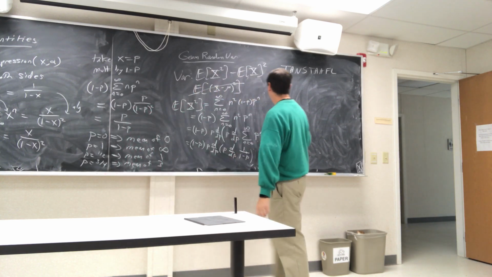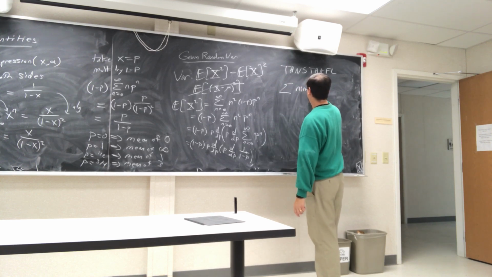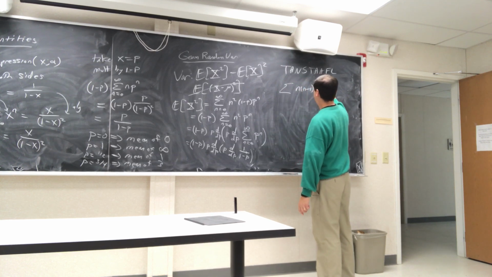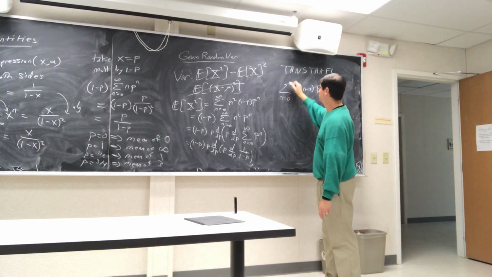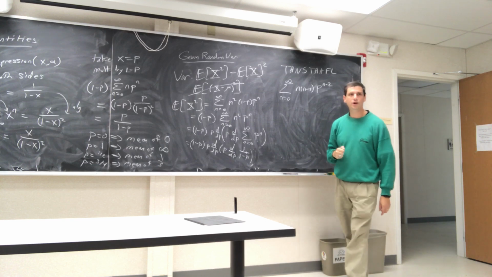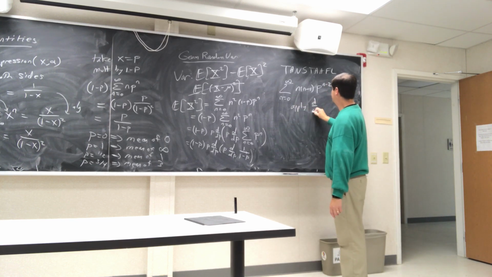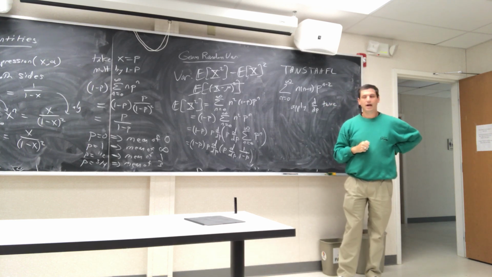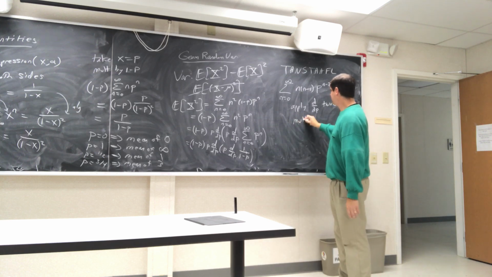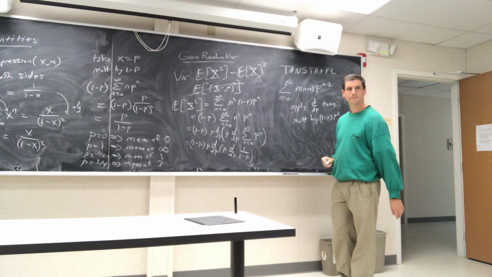And if we did that, we could study instead the sum of n(n minus 1) p to the n minus 2. And if you wanted to, that would just be applying d by dp twice. So we could do that. And then multiply by 1 minus p times p squared.